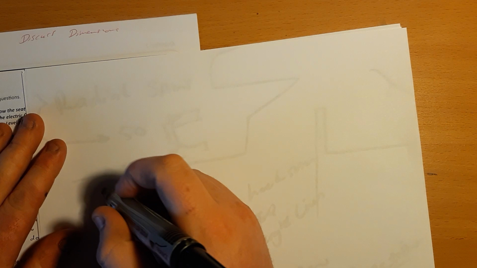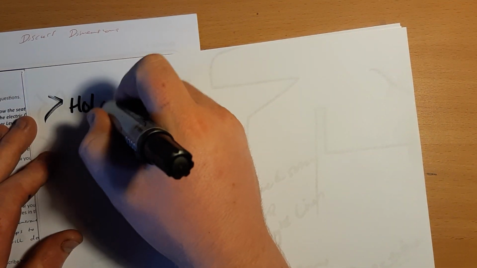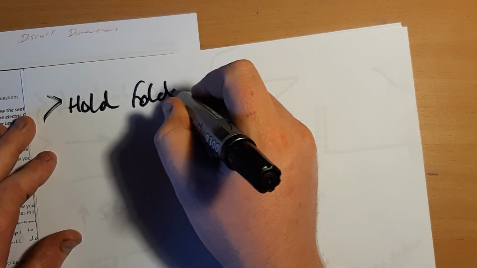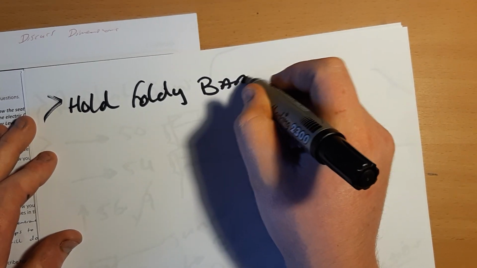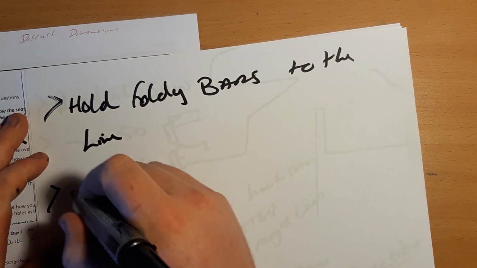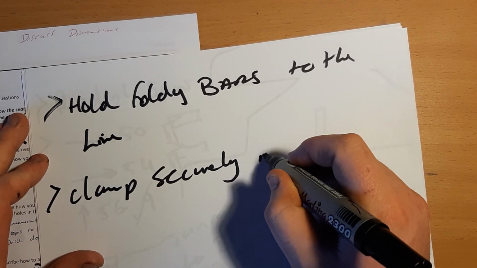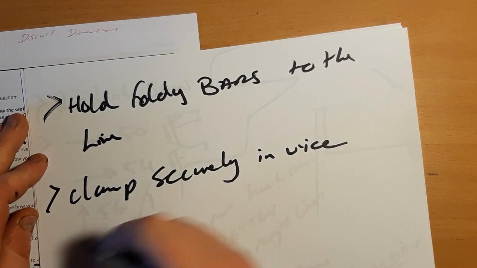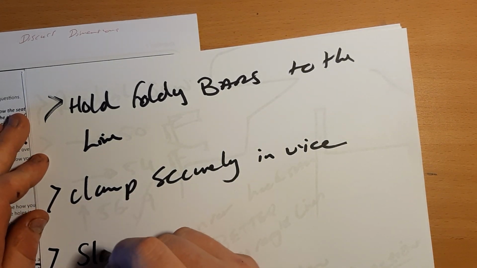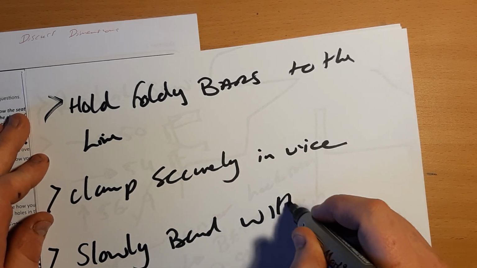So you could say, hold folding bars to the line, and you're going to clamp securely in a vise, and you're going to slowly bend with a wooden mallet.